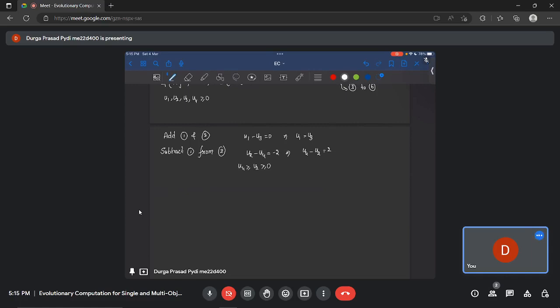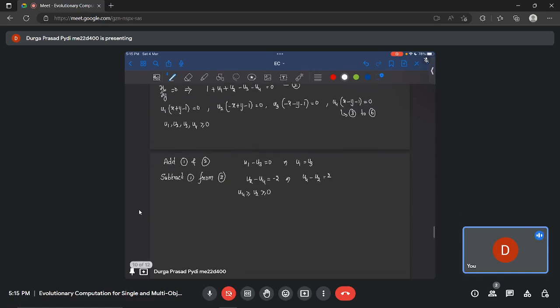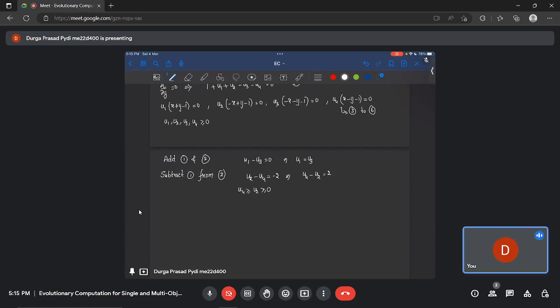So let us start with our basic values. From equation 3, we have two possible conditions: either u1 equal to 0 or x plus y minus 1 equal to 0, or you can have both.